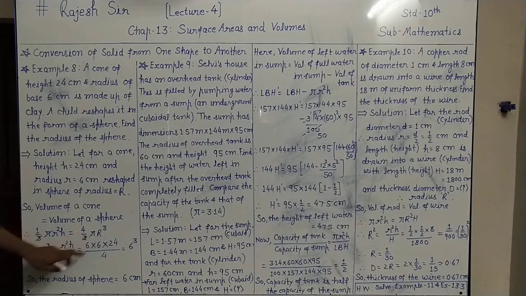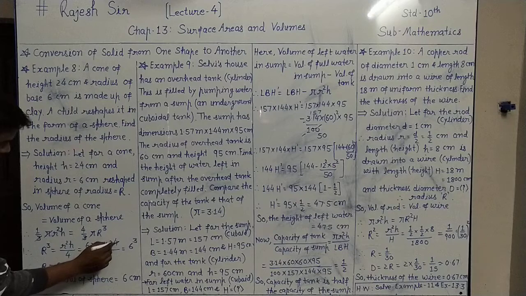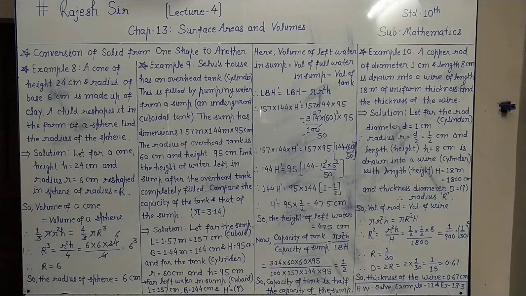So R cube equals r square h upon 4. Now place the values: small r is 6, its square is 6 into 6, into h of the cone, 24, upon 4. Calculating, 4 sixes are 24, so it is 6 into 6 into 6, which is 6 cube.